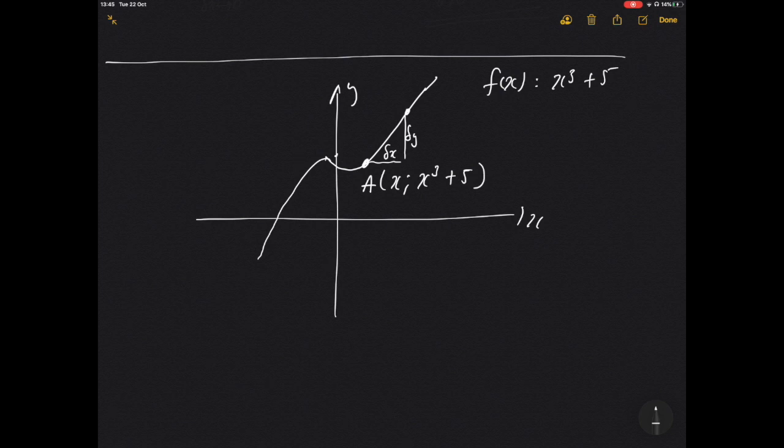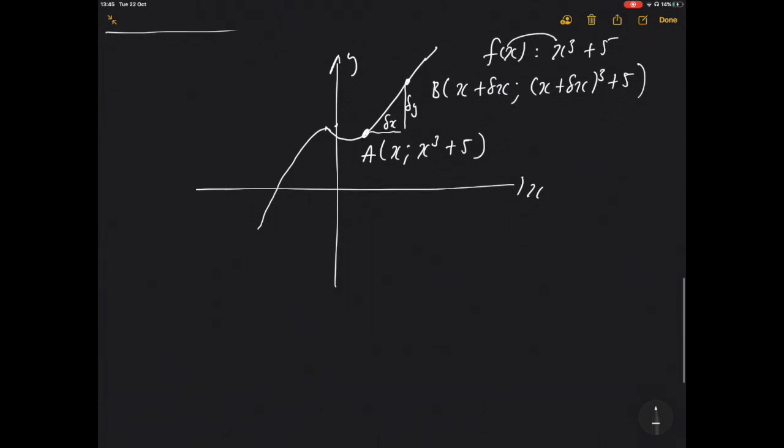So we could say that the b would be x plus delta x, and our y value would have to be x plus delta x cubed plus 5. Okay, so that's not that difficult. All we've done is put this value into here, and we've got our x value, which we've put into our function where our x is, and we see that this was a function of x, and to x cubed, and our 5 goes on the end.